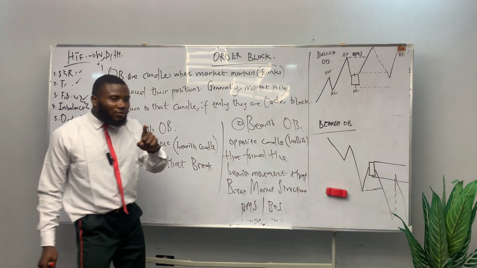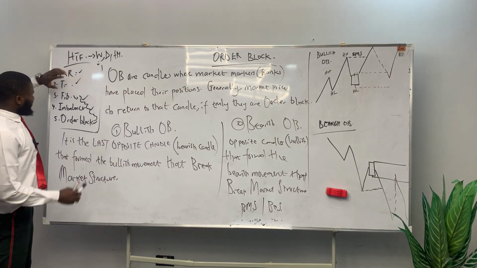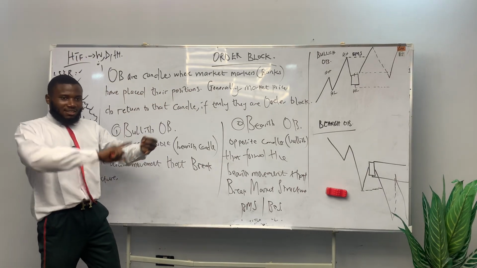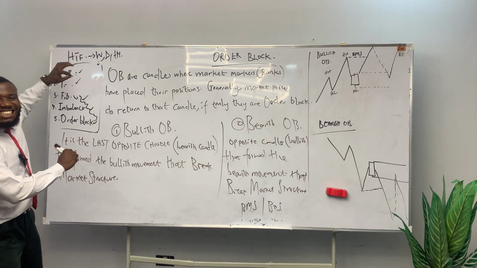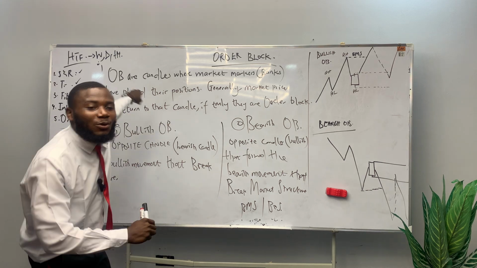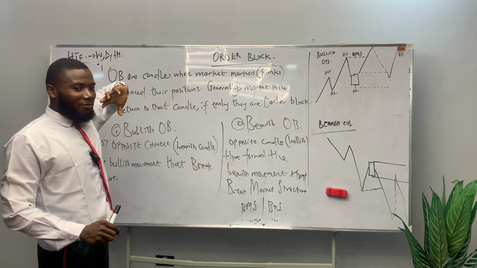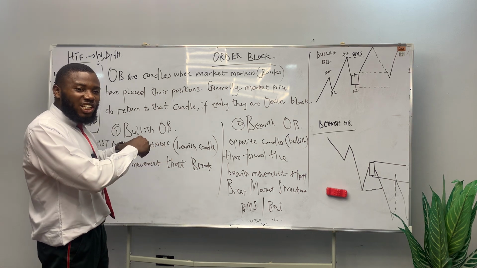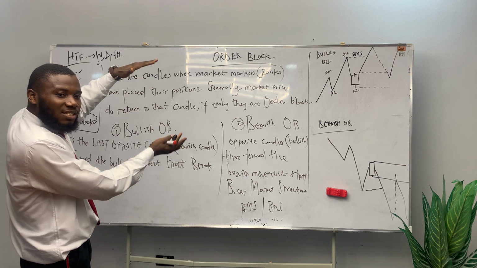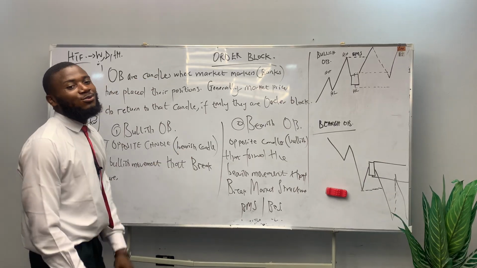And if you observe, all these things formed, this imbalance and order block formed at the discount zone of your Fibonacci. If you observe your order block and your imbalance, they are in the discount zone of your Fibonacci.